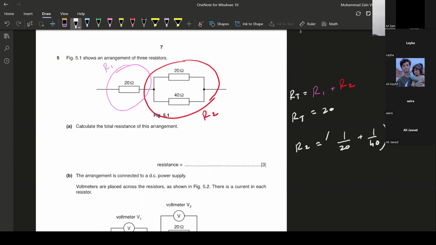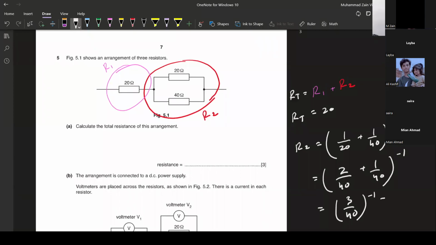Because this was initially supposed to be minus 1 here, instead of that I put a power there. And now I calculate this further. So I'll get (2 over 40 plus 1 over 40) to the power minus 1. And when I add these, I get (3 over 40) to the power minus 1, which is equal to 40 divided by 3. So that's the resistance that I get.